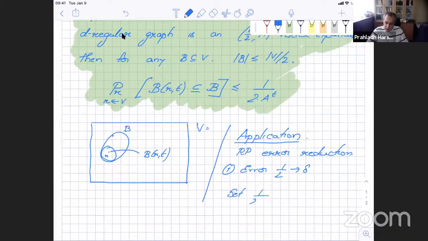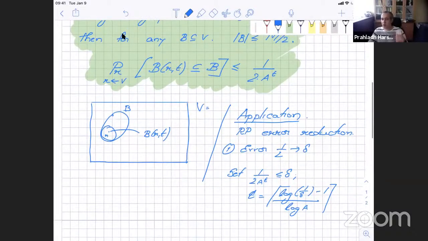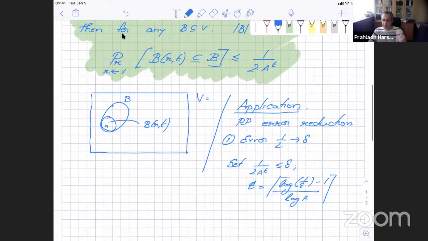Equivalently, just set t to be the ceiling of log(1 over delta) minus 1 by log a. If we set it this way, then this would be satisfied. So if you want the error to be less than delta, we basically take a ball of this larger radius.